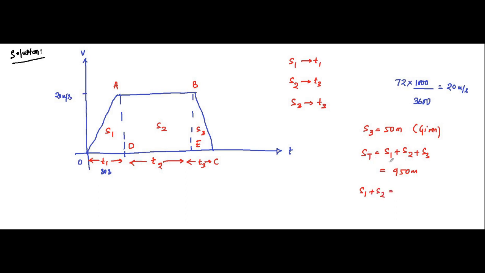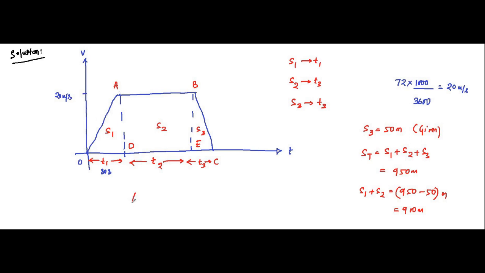So S1 plus S2 will be ST minus S3, that is 950 minus 50, which is equal to 900 meters. Okay, this is all right.